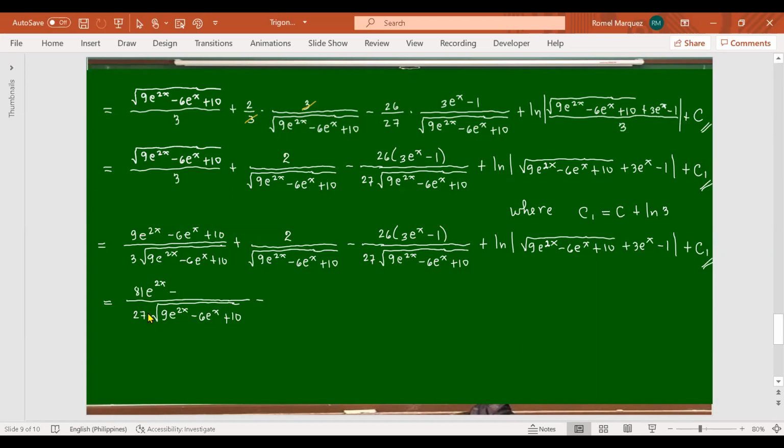Then minus 27 divided by 3 is 9, 9 times negative 6. Then plus negative 26 times 3. That is 132 negative e to the x. This and this. Then plus 10. And 27 divided by 3 is 9 times 10, 90. Then plus 27 divided by 1 is 27 times 2. So plus 2 times 27.